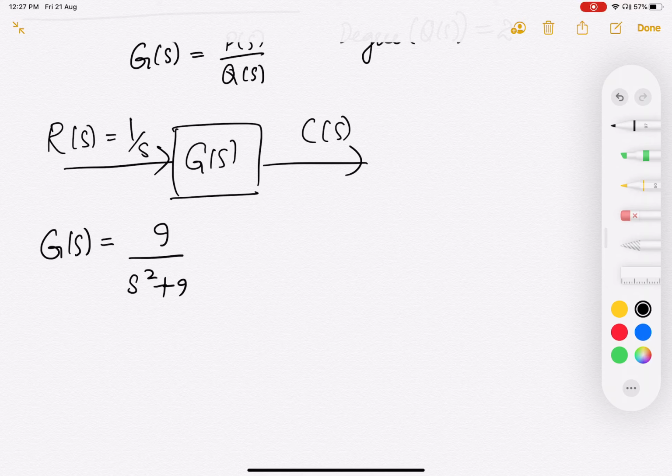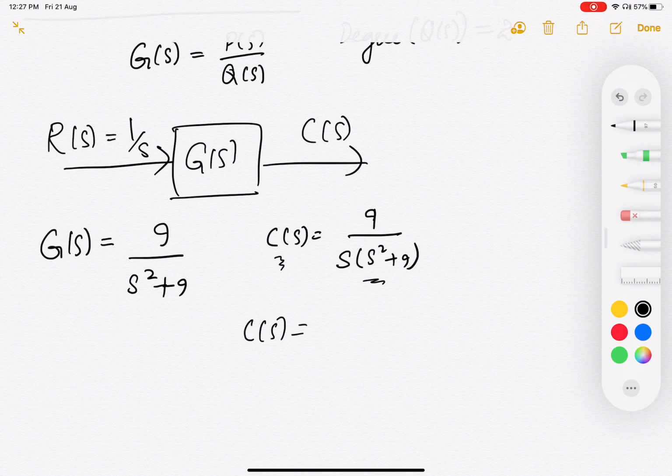So in this case, your C(s) is going to be 1 upon s, times 9 upon s square plus 9, and then you can try to find the partial fraction expansion for C(s) by writing this down as A by s and then (Bs plus C) divided by s square plus 9.